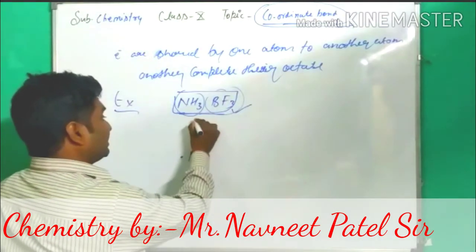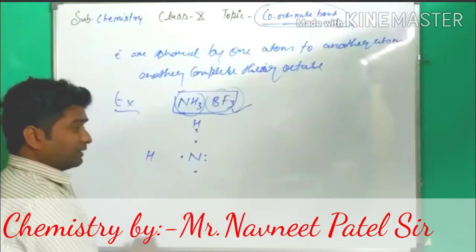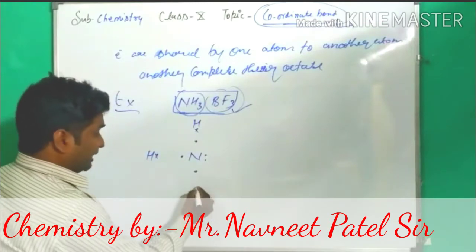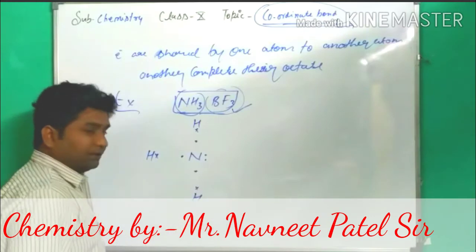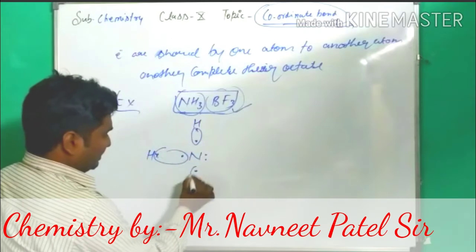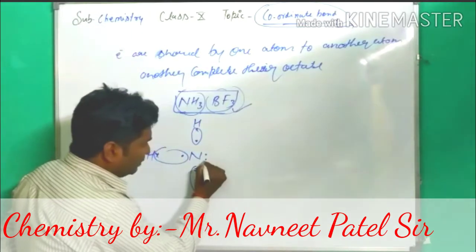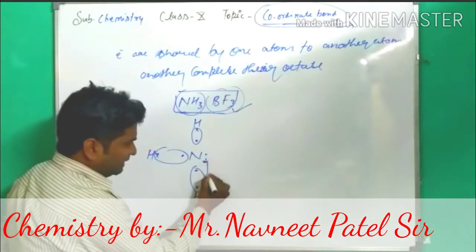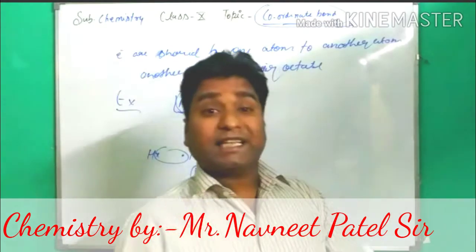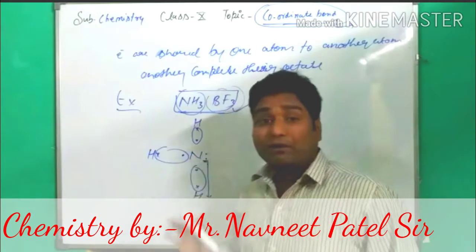Now hydrogen: each hydrogen contains one electron in its outermost shell. Now the sharing between the hydrogen and nitrogen is like this. This is the pure covalent bond. But there are two electrons, these electrons, which do not take part in the bond formation.